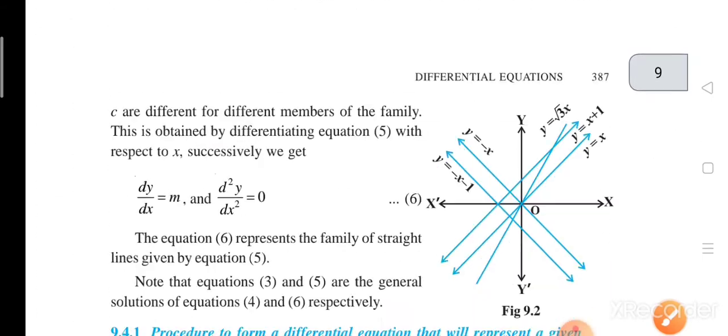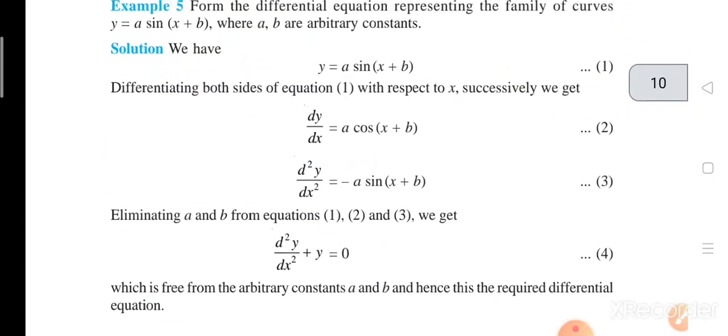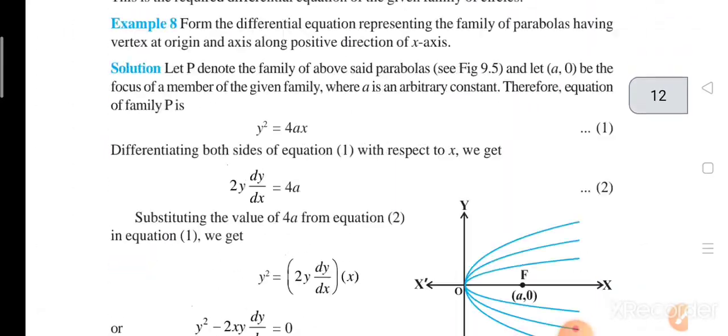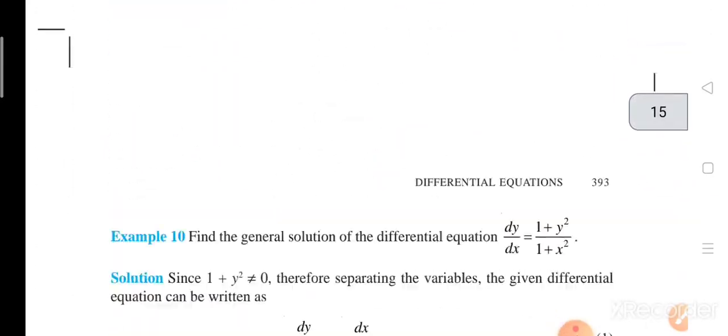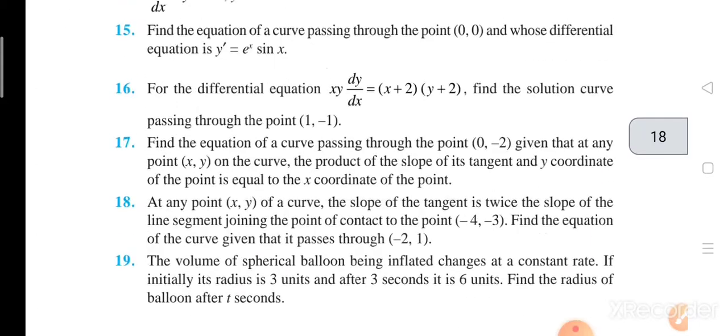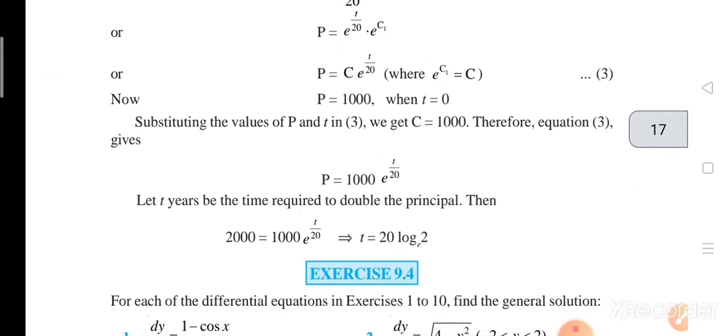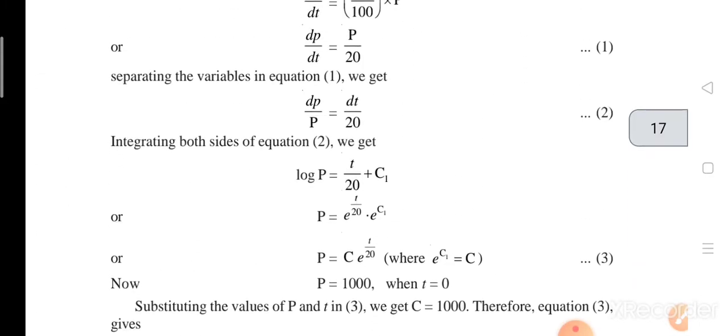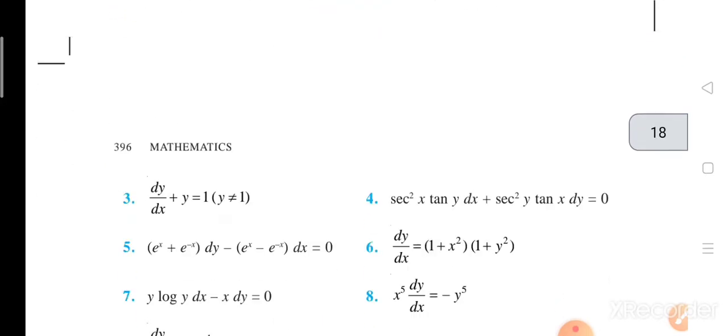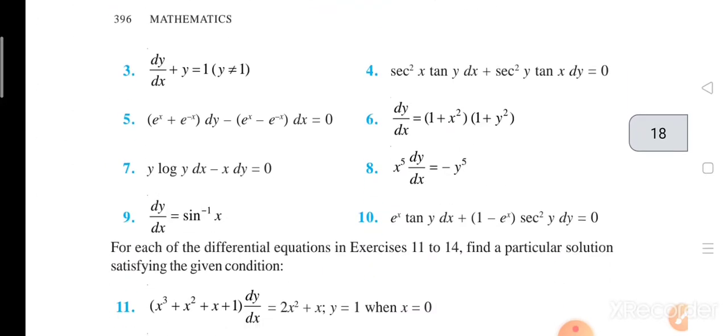Now this exercise is not the part. That means 9.3 is cut. Now 9.4 with all examples.